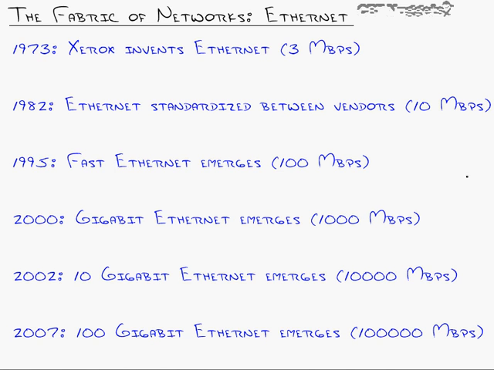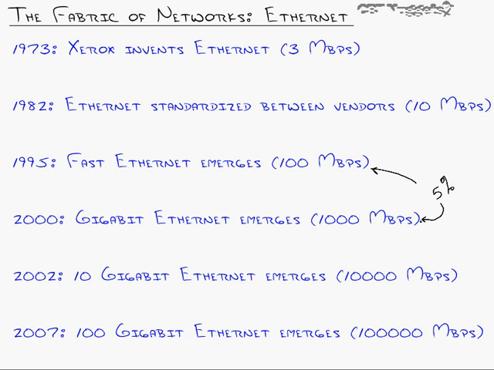They did a study on how much bandwidth was used, and it was 5% of 100 megabits per second. The average user, throughout a day, uses 5% of the 100 megabit per second link they have to their desktop. So you might be wondering, why are we upgrading to 1,000 megabits per second if we're not even using 5% of Fast Ethernet?